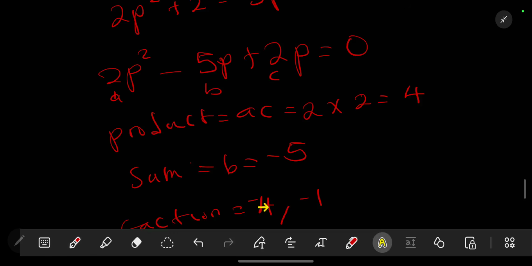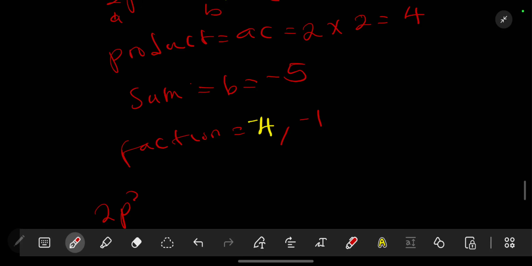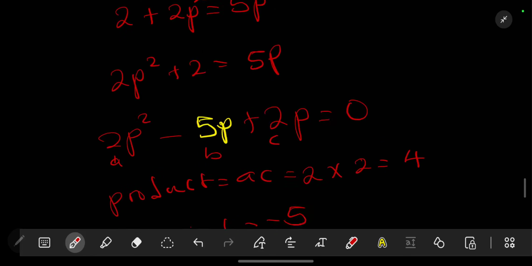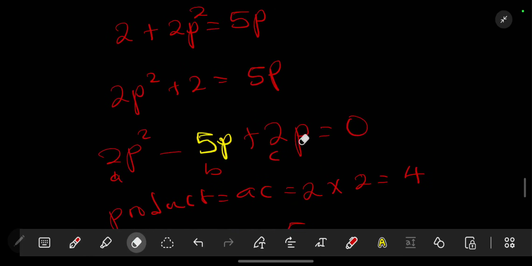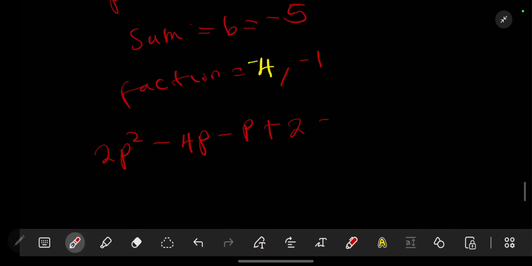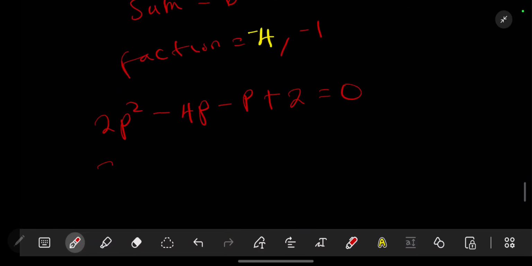So replacing where 5 is, we have 2p squared minus 4p minus p, then plus, why am I having 2p there? It's just 2. So we have plus 2 should be equal to 0. So 2p is common, so we say 2p open brackets p, 4 divided by 2 is 2, so we have minus 2.